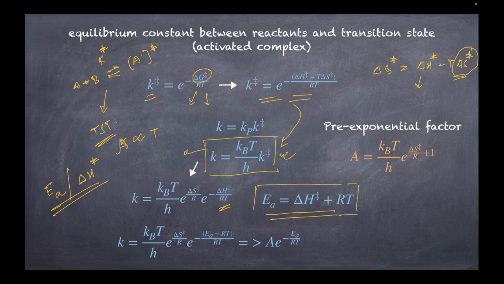I will derive it later. So delta H double dagger will be equal to EA minus RT, and we can put this expression here by replacing this. Overall we can write A times e to the power minus EA divided by RT, where EA is the activation energy and A is the pre-exponential factor.